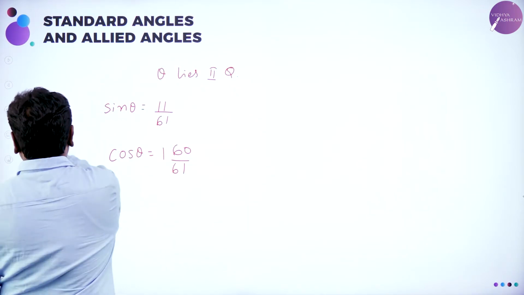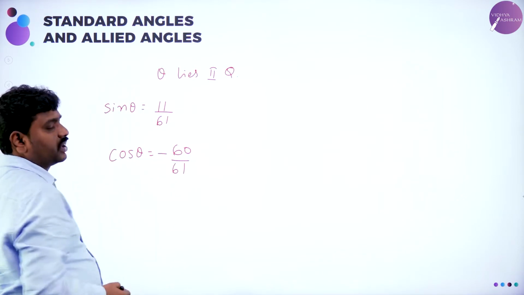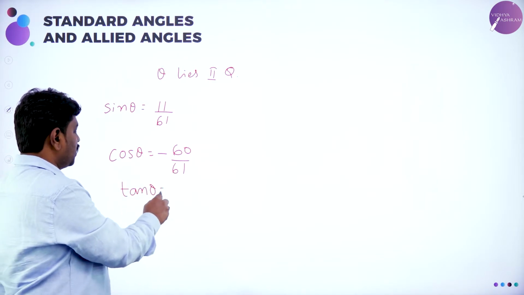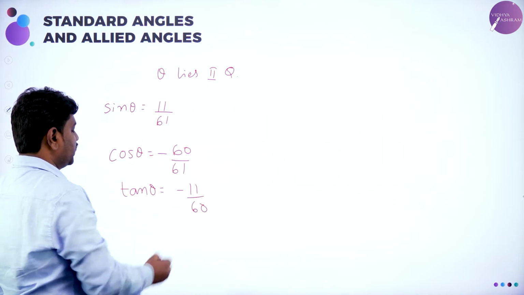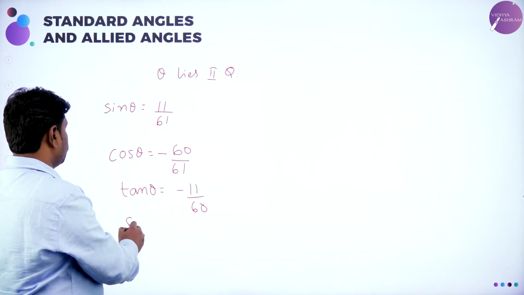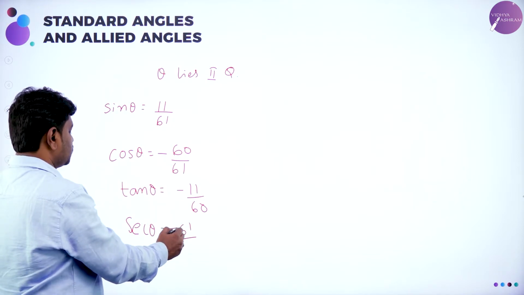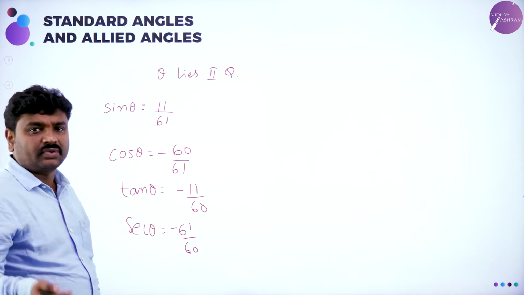Why? Because it is in second quadrant. Apart from cos, they want you to find tan theta. Tan means opposite by adjacent, 11 by 60, that is also negative. And secant theta, reciprocal of cos theta. What is cos theta? Minus 60 by 61. This will become minus 61 by 60. So all the values they want we got.